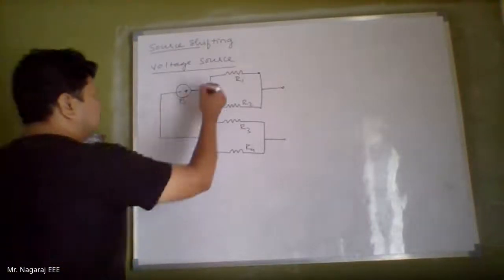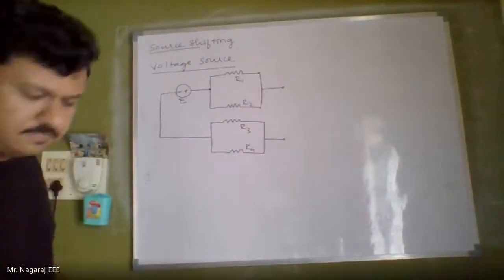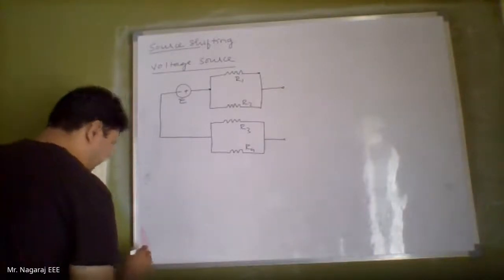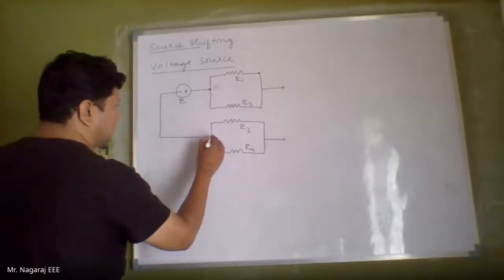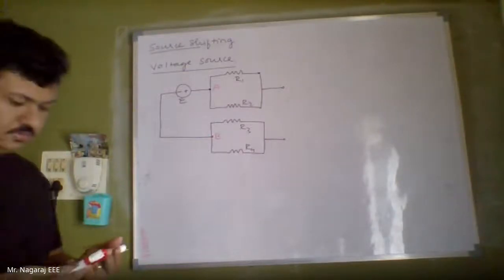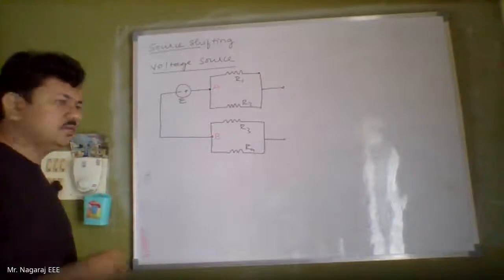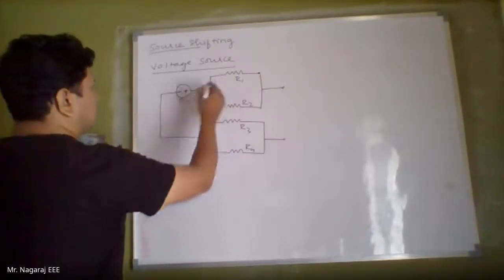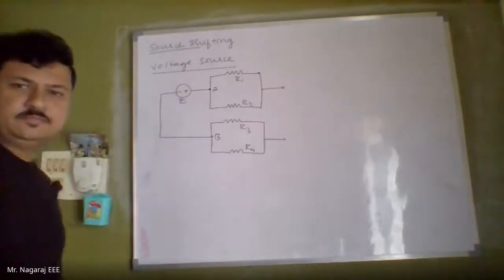Let us take this as node A and this as node B. Hope it is visible.